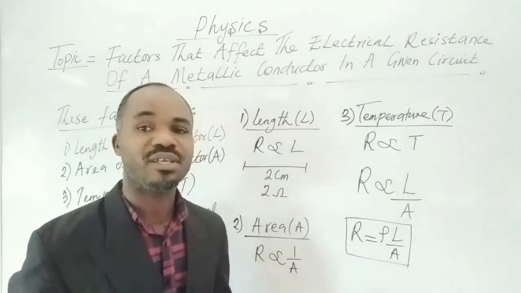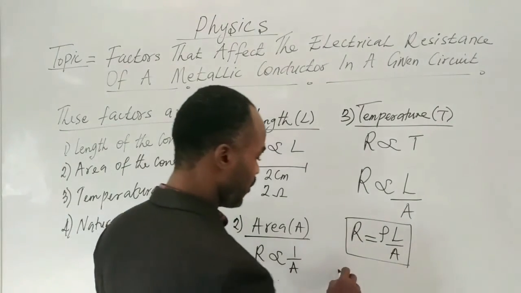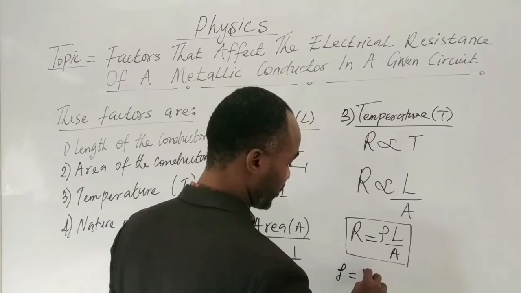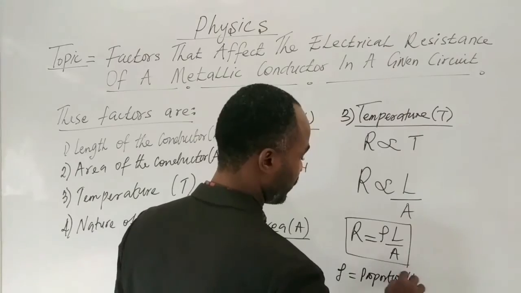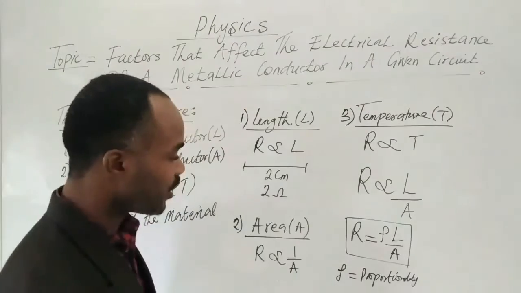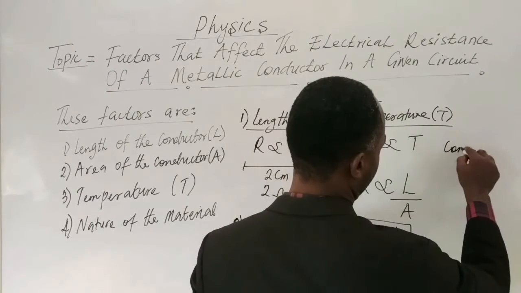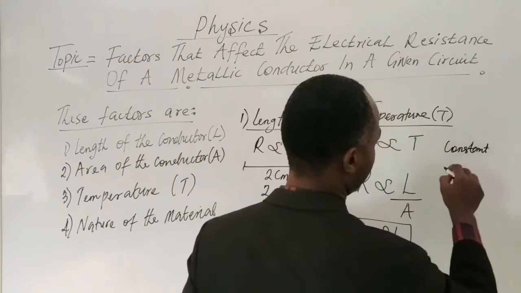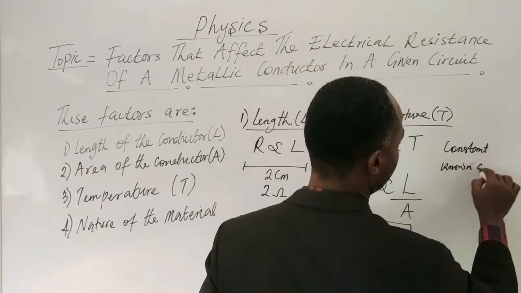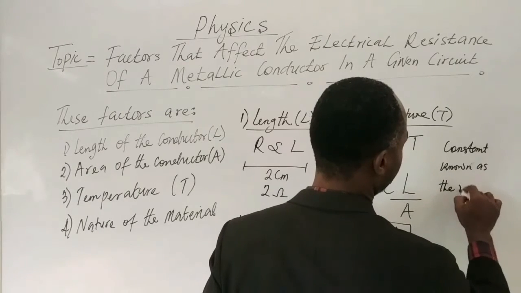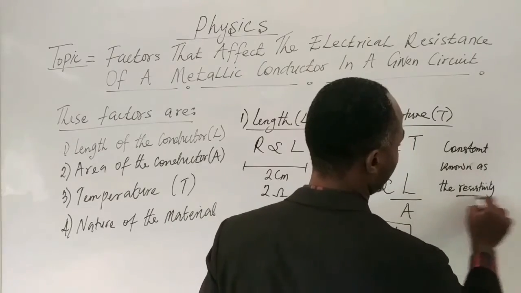The rho there represents the proportionality constant, known as the resistivity of the material.